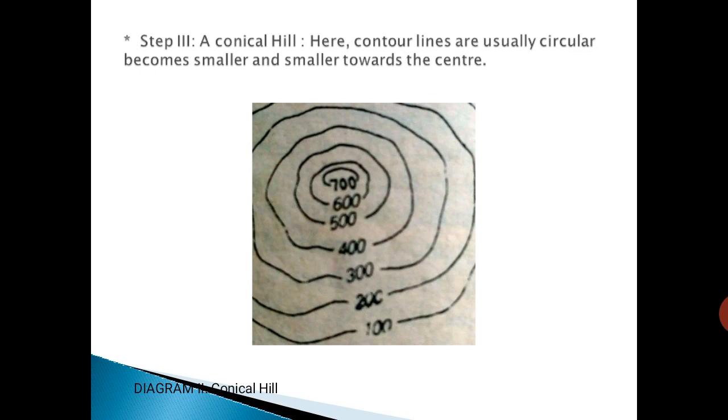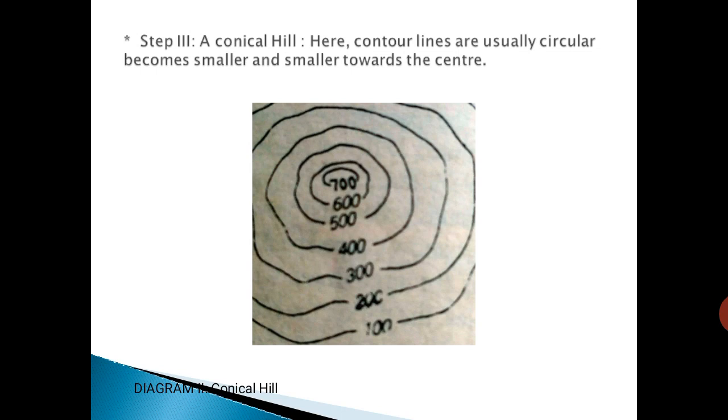Step 3. A conical hill is another feature that can be represented based on the way the contours are arranged. Here, the contour lines are usually circular. They become smaller and smaller towards the center.